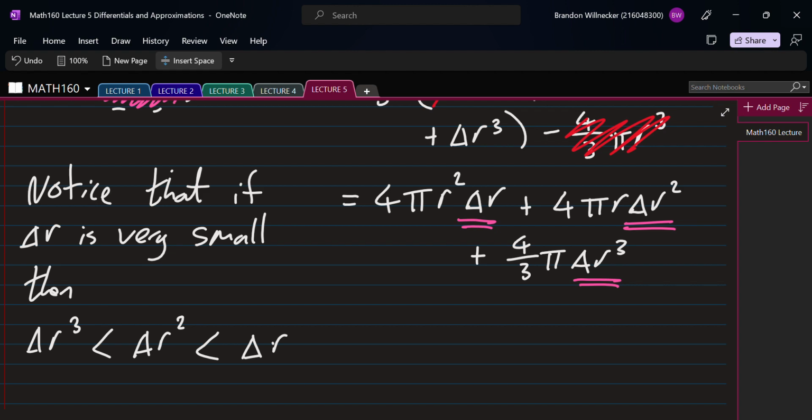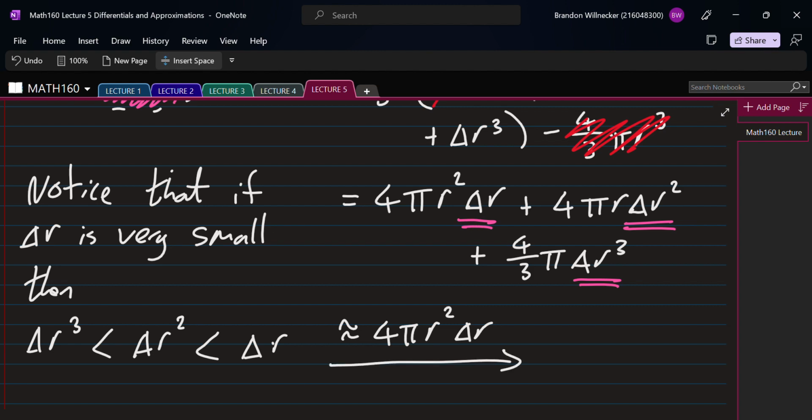So the higher powers of delta r are going to be very small, and we can neglect those. The term with delta r only will be the biggest, and all the other ones will be smaller and smaller as we increase the power of delta r. So this is approximately 4 pi r squared delta r, plus those smaller terms that we're going to ignore.